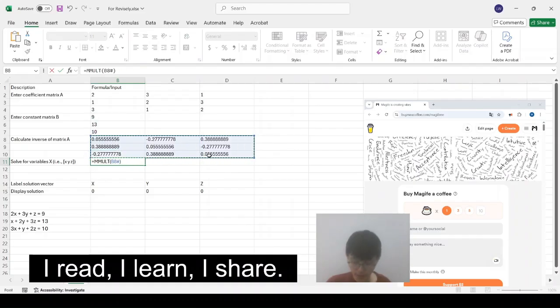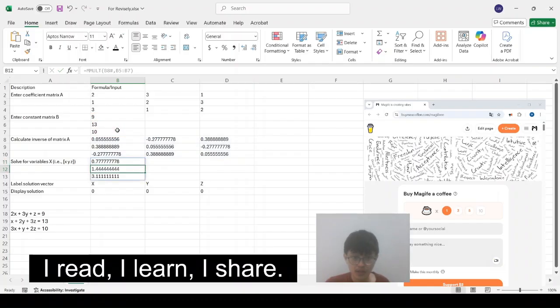Yeah, array 1 should be the inverse of the matrix. Yeah, so this is exactly the answer. So now we do some verification.